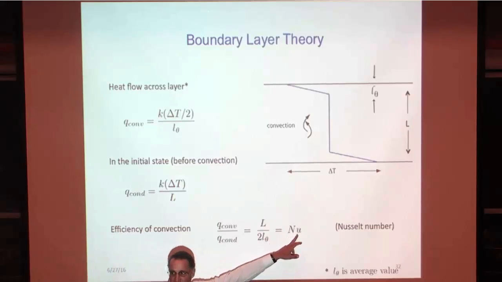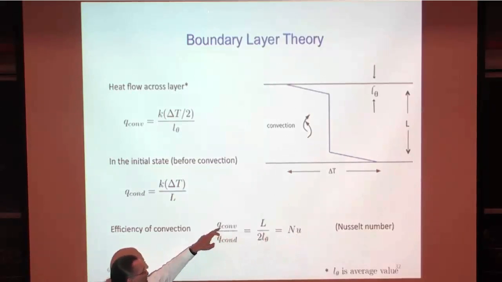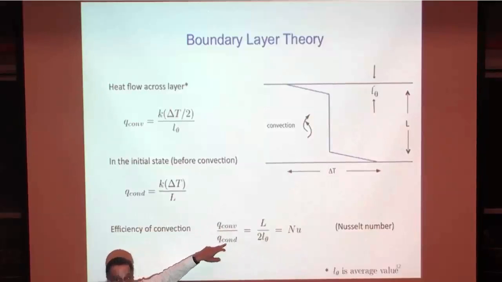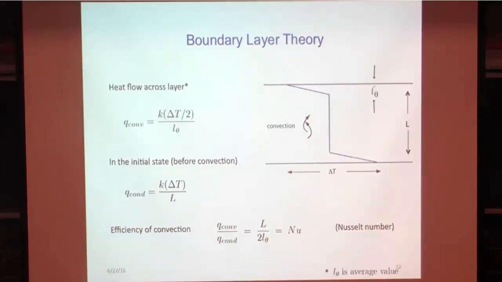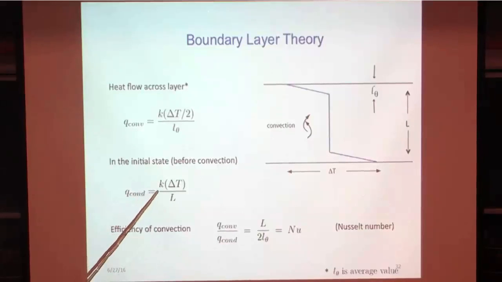This is your fourth dimensionless number, Nu. It's how much heat is carried by convection compared to how much heat would be conducted if no convection was happening. If no convection was happening, right, the heat transfer looks like thermal conductivity times the temperature difference divided by the layer thickness, right, if only heat transfer occurs by conduction.